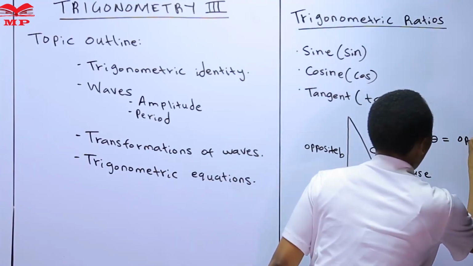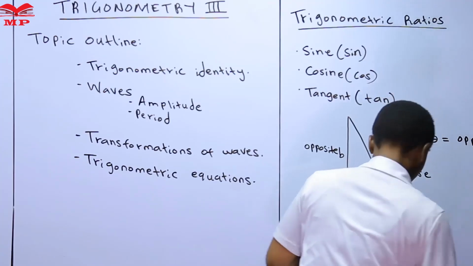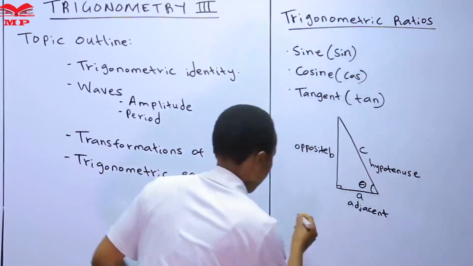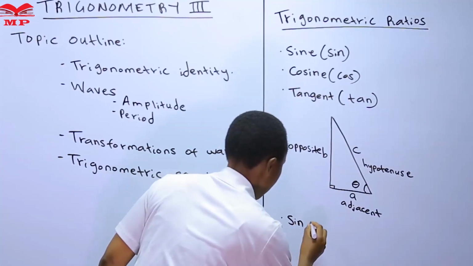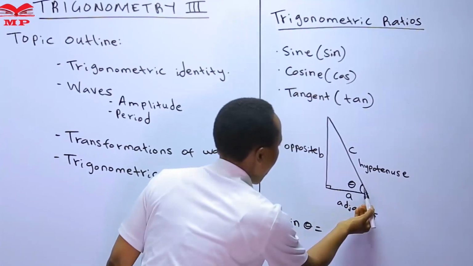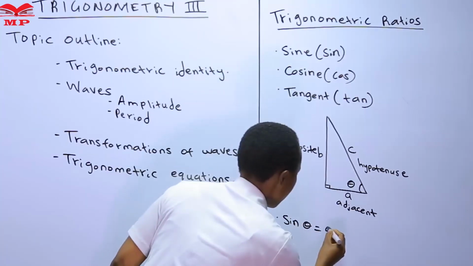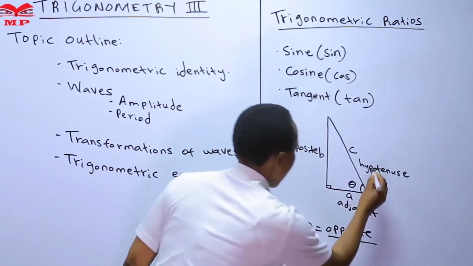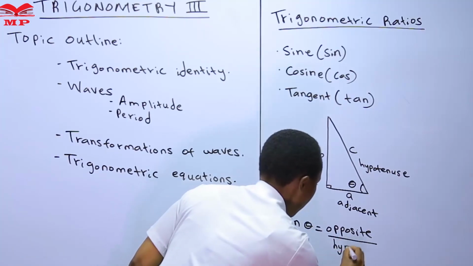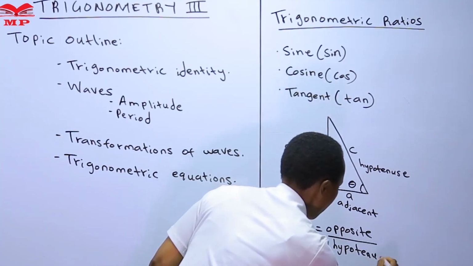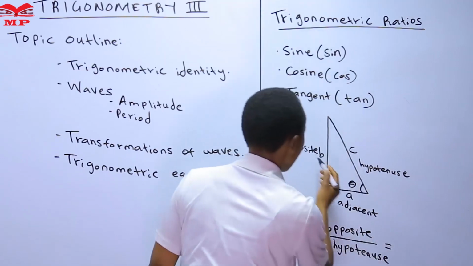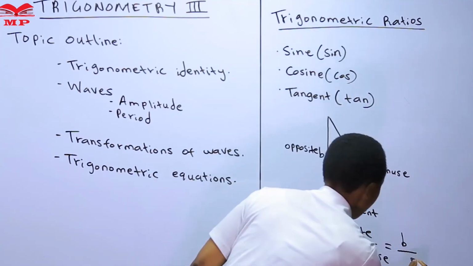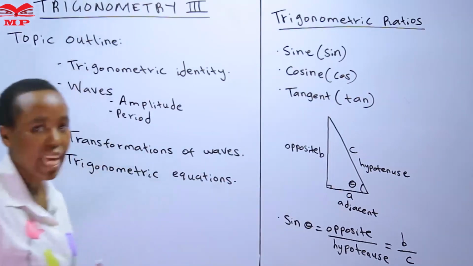Let me write it down here. Sine theta is the opposite divided by the hypotenuse, which is the same as our opposite, B, and then the hypotenuse is C. That is for the sine.